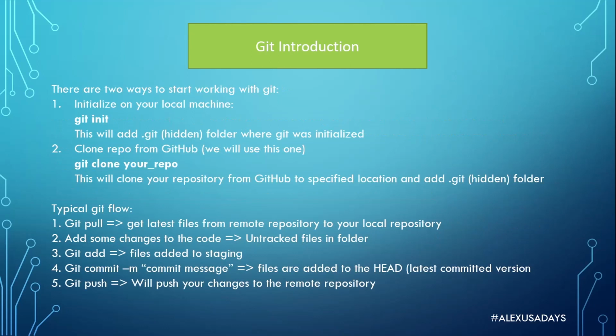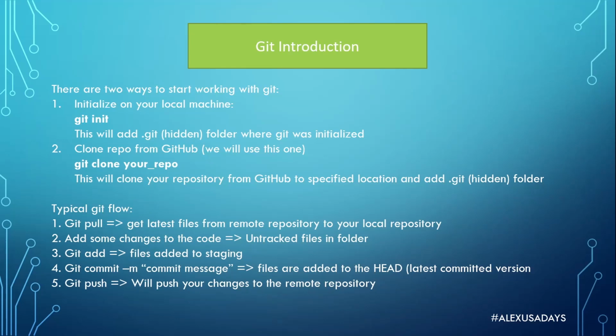Okay, so there are a couple of ways we can start working with Git. One way is to initialize Git on your local machine with the git init command. You go to a folder, open the console, type git init, and it will create a .git hidden folder where all the Git config will be initialized and stored.